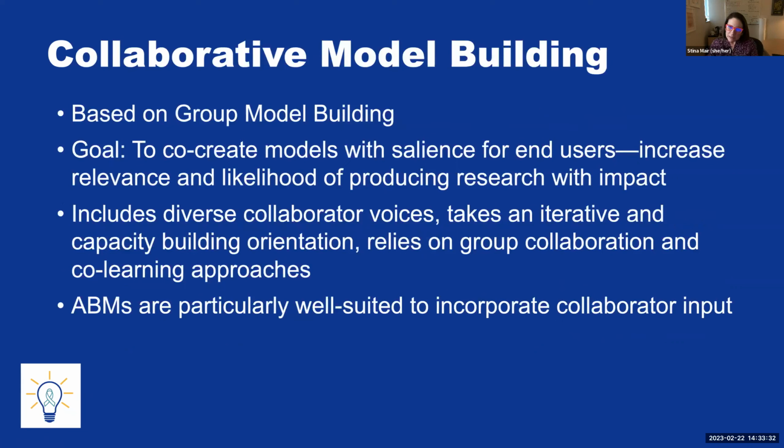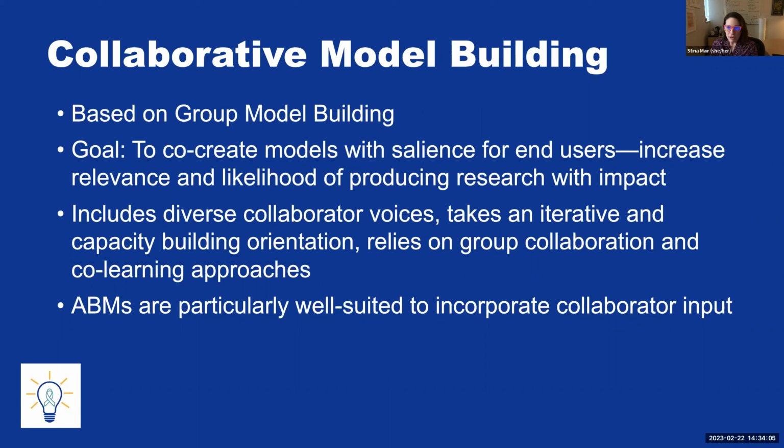Some of you may have heard of group model building, which is an informally trademarked idea. This is a loose version of group model building. We take a slightly different approach, but for anyone familiar with the general concept of group model building, it's very similar. The idea is to co-create our models so that they have salience for our end users. We want to increase relevance and the likelihood of producing research with impact, and to include diverse collaborator voices.